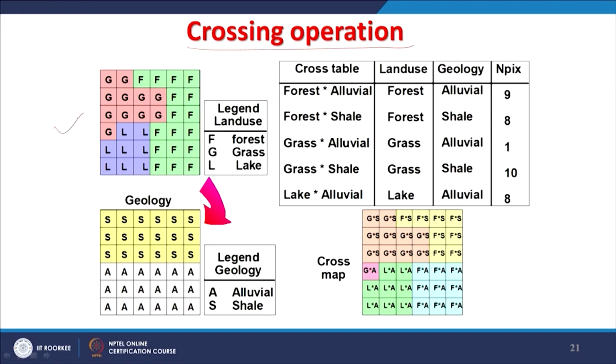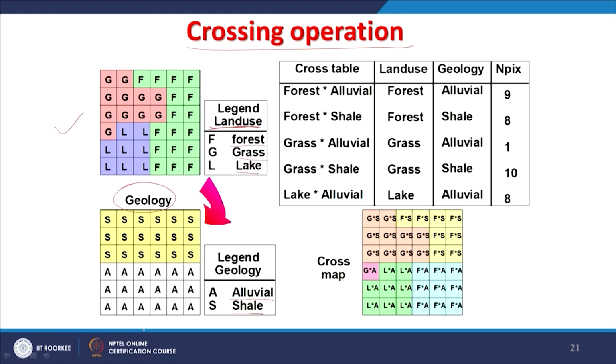So, again a map showing the land use of 3 types: forest, grassland and lake or water body. And another example is the geology, where only 2 types of lithology are present. One is alluvium, another one is shale. So, the geology one is much simpler than the land use, but it does not matter.